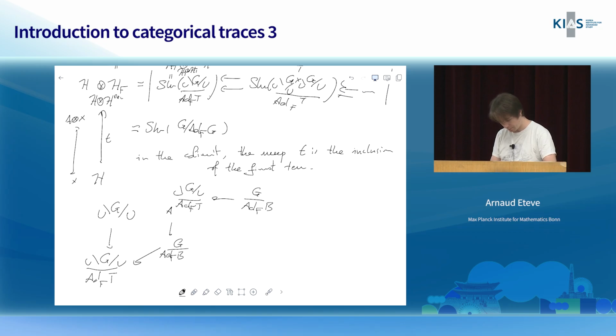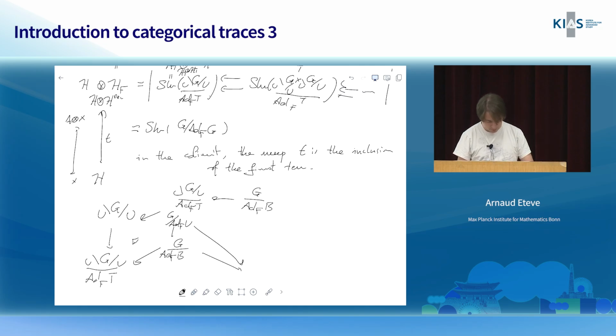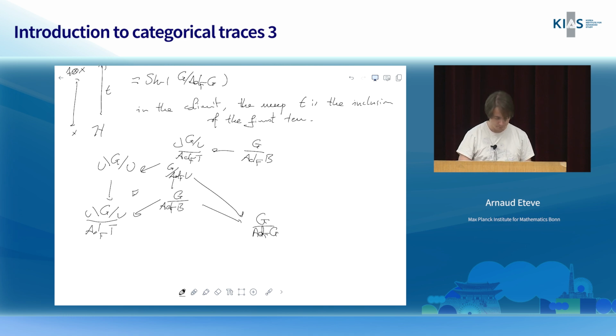Okay, and we could do the same for U here, and this is Cartesian. And both maps here go down to G mod ad Frobenius of G, which is the thing we care about. Let's call these maps alpha, beta, and pi.